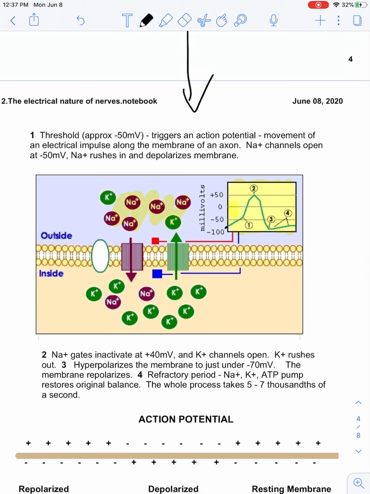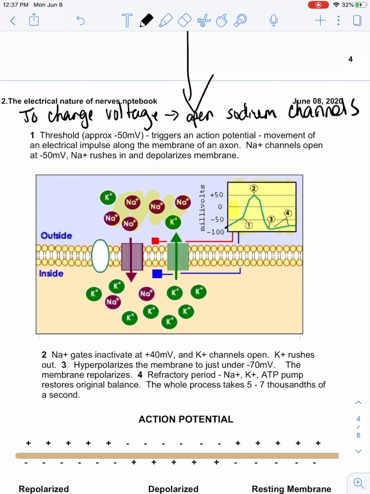You just want to remember, to change voltage, we need to open sodium channels. So step one in conducting electricity: open the sodium channels.